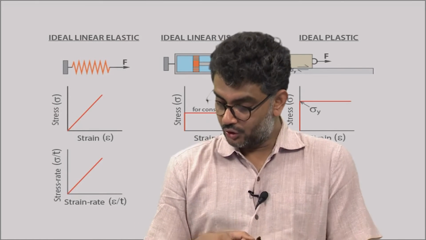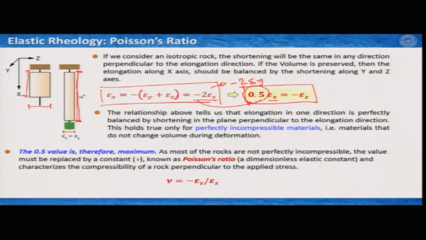So, to account for this changing volume or compressible volume of the rock mass that we are considering, instead of writing 0.5, people replace it with a constant, which is constant for a particular material, and this constant is known as Poisson's ratio and represented by this Greek letter nu.